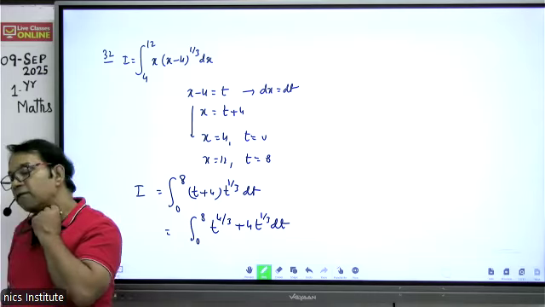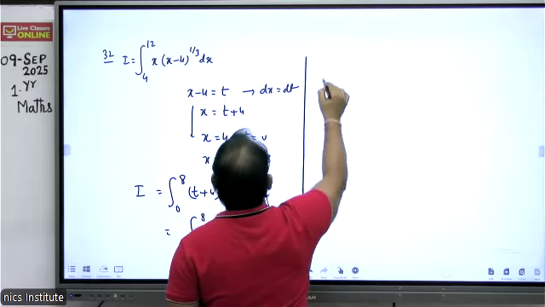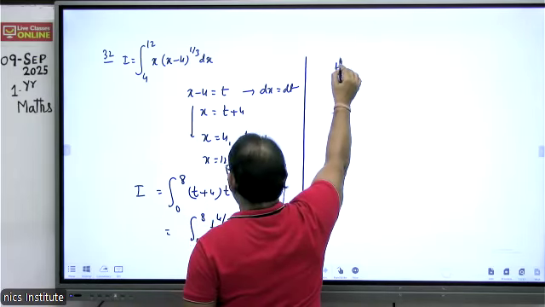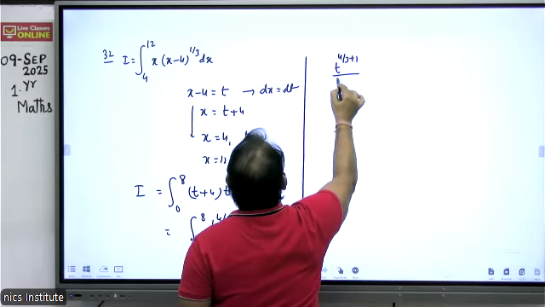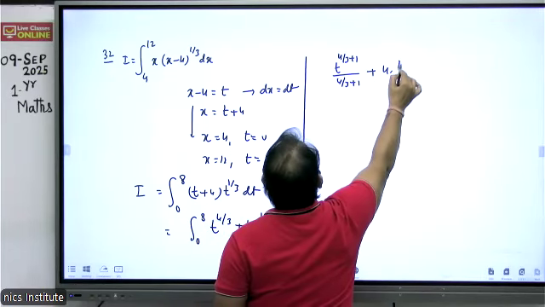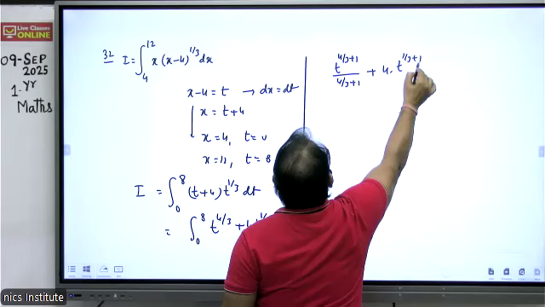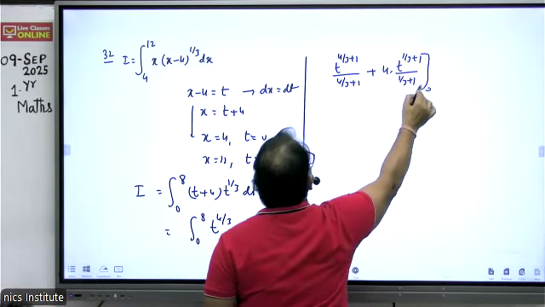Put the limit after integration. So 4 by 3 plus 1, 4 by 3 plus 1. Limits 0 to 8.